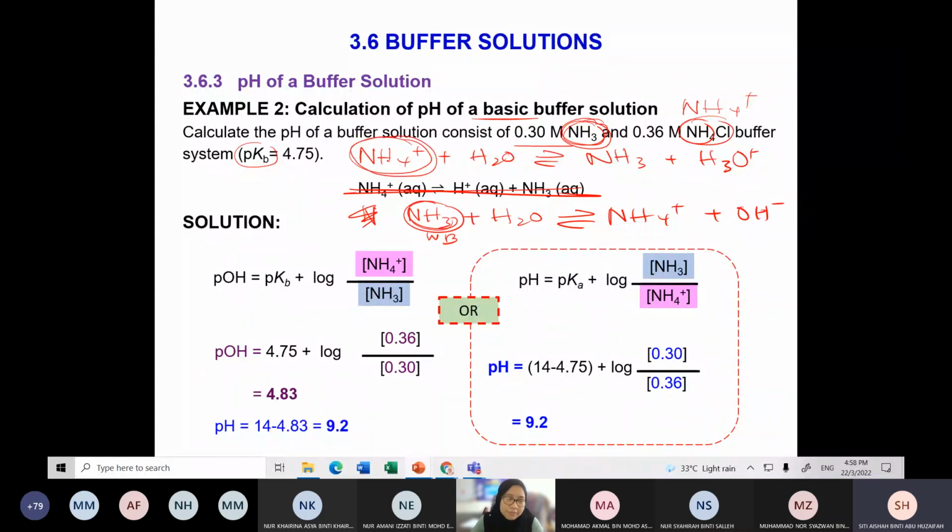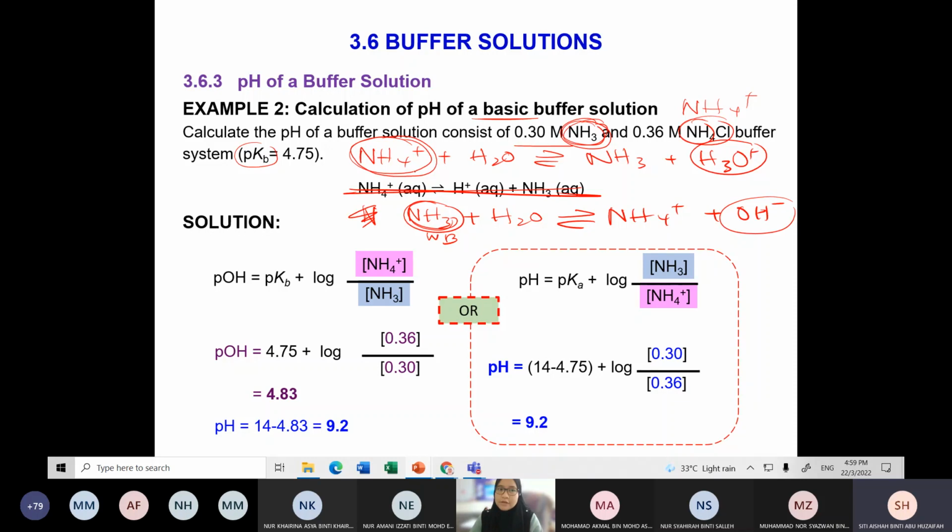Sorry guys, I got muddled just now. This is the conjugate acid. When it is an acid, that means it should produce H3O plus, regardless of whether it is conjugate or not. If it is an acid, it should produce H3O plus. If it is a base, it should produce OH minus. So you may use any of these equations, but you have to be careful.